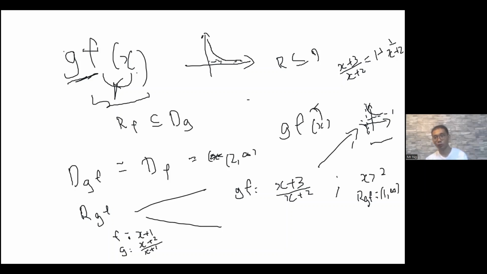But if you want to do it the other way, as I said before, gf(x) is about transforming a certain set of values to become another set of values, and this set transforms again to become another set of values. That's your range of gf. Initially, this thing is from 2 to infinity, that's the domain of f.